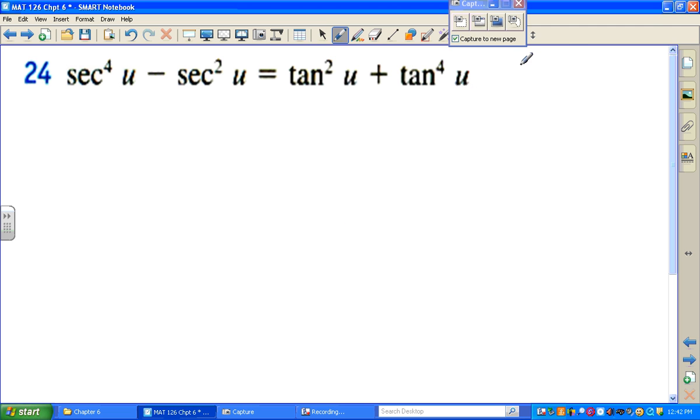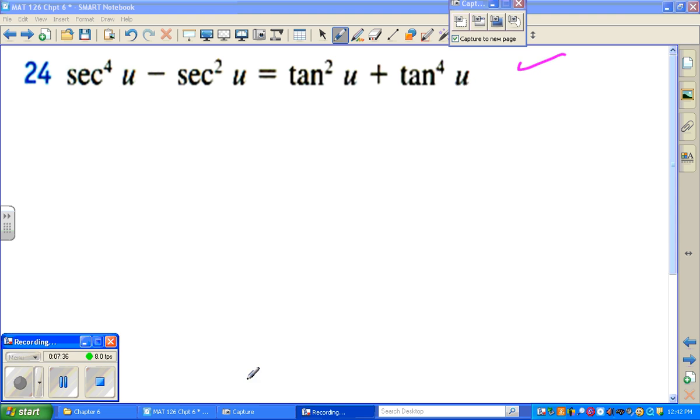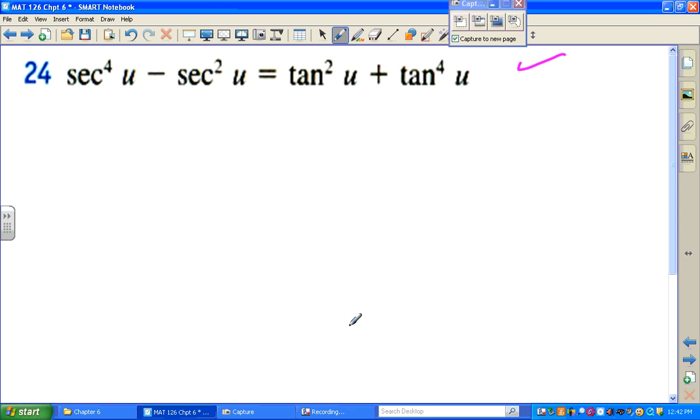Does anybody remember what to do with this one from the one before? Left or right, and what do you do? I'll wait. Everybody's writing it down. Everyone on the left side? Nice.